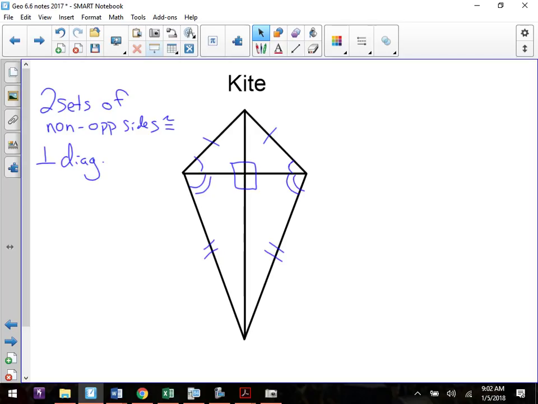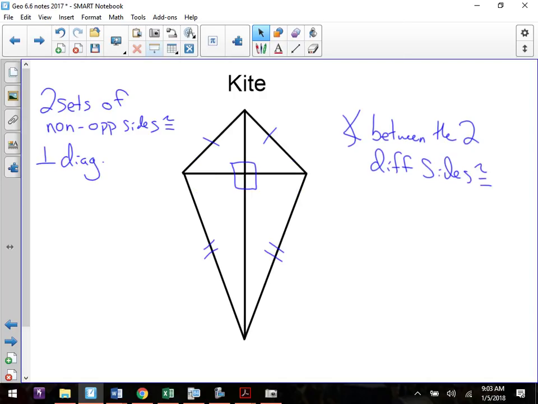If they were parallel, yeah, we'd have to have that. In this case, what we say then is the angles between the two different sides are congruent. So these two angles will always be the same. It doesn't mean that that diagonal bisects it or anything. It just means that those two angles will wind up being the same. So far, so good?